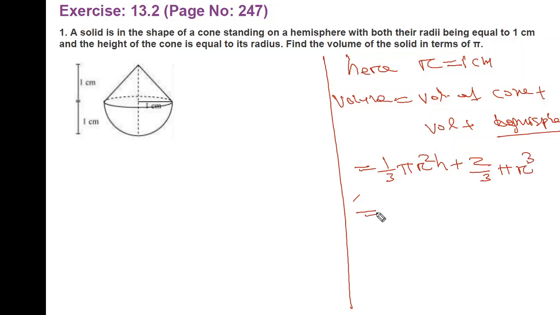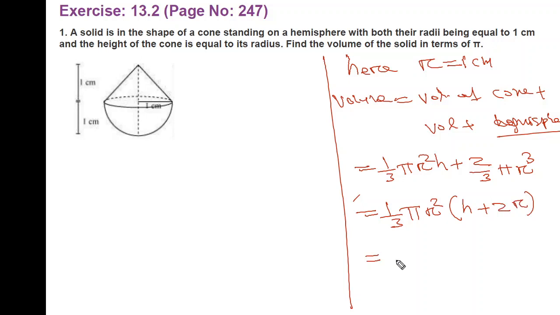So you can take 1 by 3 pi r square common, then what will remain here? h will remain, plus here 2r.